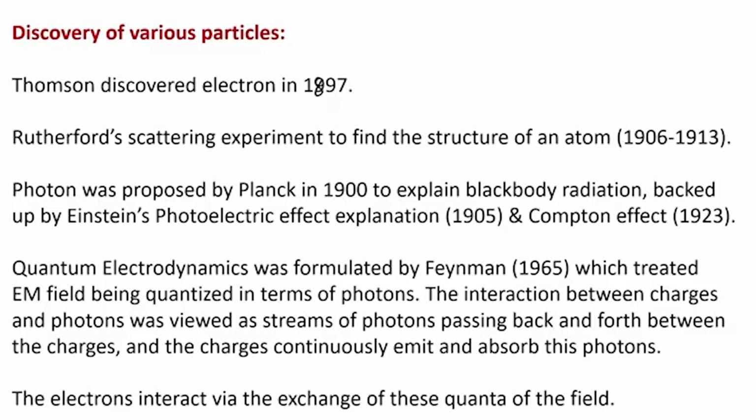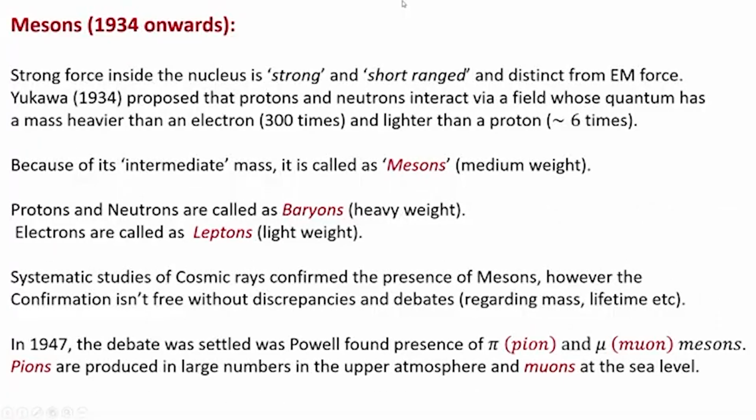But here the background field is quantized as well, and the interaction between charges was viewed as streams of photons passing back and forth between the charges, which continuously emit and absorb these photons. The interaction of radiation and matter was successfully explained, and the electrons are found to interact via exchange of this quanta of the field, which are nothing but the photons.